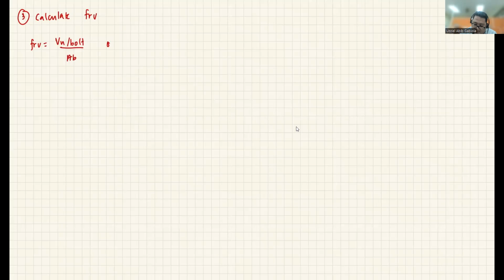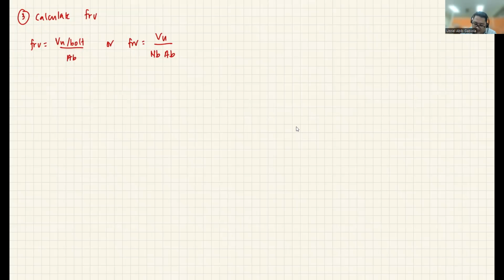Or FRB is equals to yung shear natin over yung number ng bolt times yung area ng bolt natin. Pero since meron tayong data ng VU o yung value ng shear natin per bolt and then yung area ng bolt, madali nang kunin. Ito na lang gamitin natin, first one.